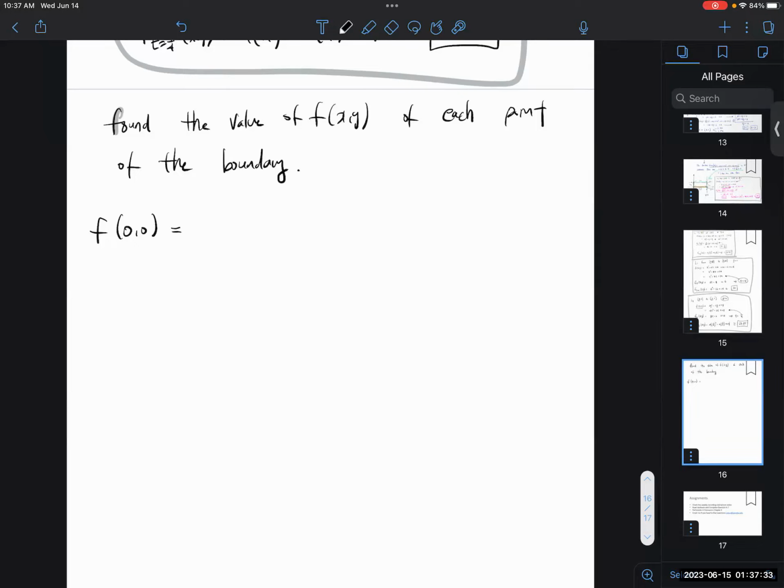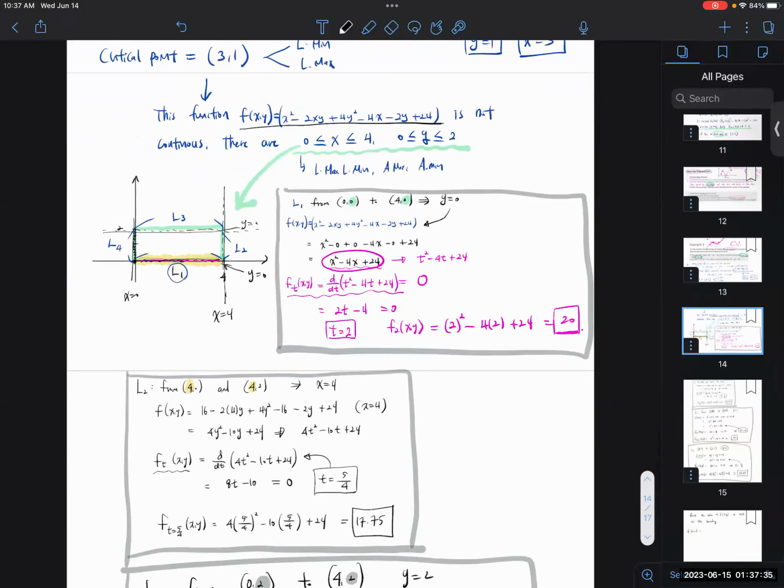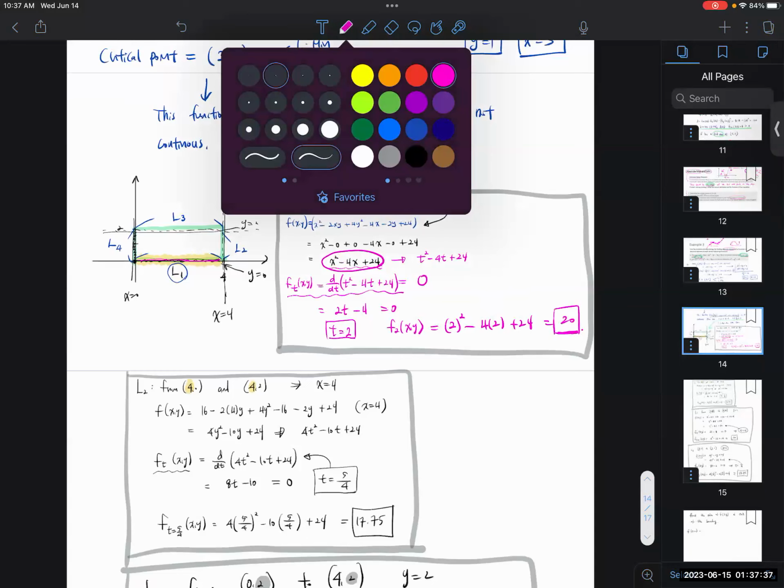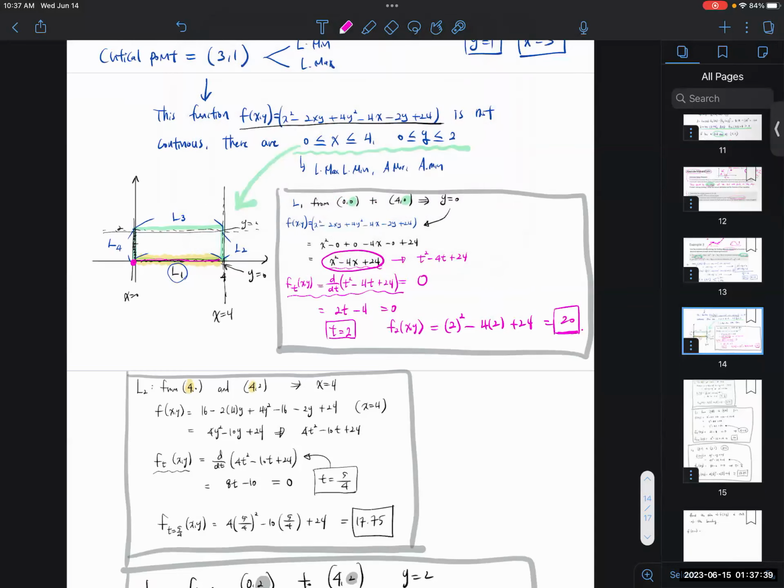What happened? If I go up here, (0, 0), (4, 0), (4, 2), (0, 2). We just evaluate the value, whether at that moment they're going to give you max or min.